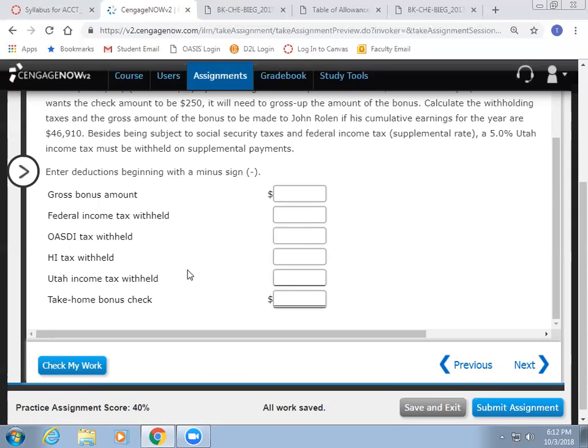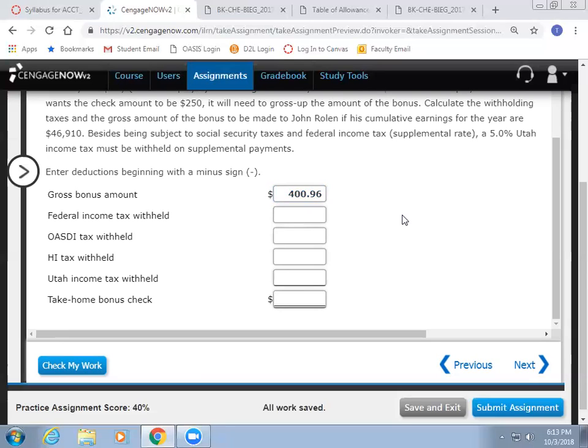So I would take $250 divided by 1 minus 0.3765, which is 0.6235. So at the end of my formula, I'm going to take $250 divided by 0.6235, and I should get $400.96. I round to 2 decimals. So that'll be my gross amount, $400.96.